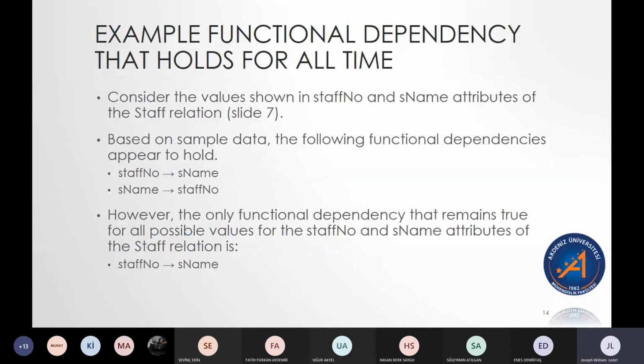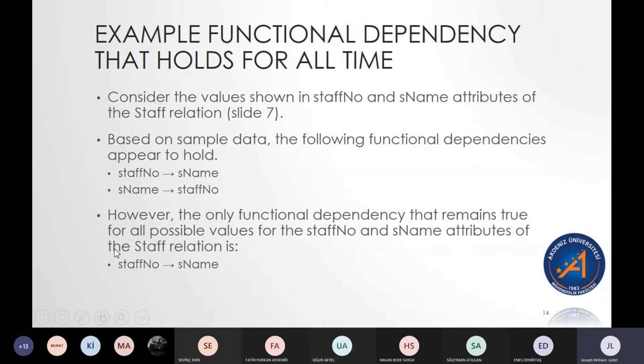That seems more possible than adding another student number that's the same or another staff number that's the same, right? So we identify this as being the functional dependency that holds for all possible values. It is not only true in the sample data, but it is also the one that is more likely to stay true as we start adding new rows, okay? All right, and this makes sense.